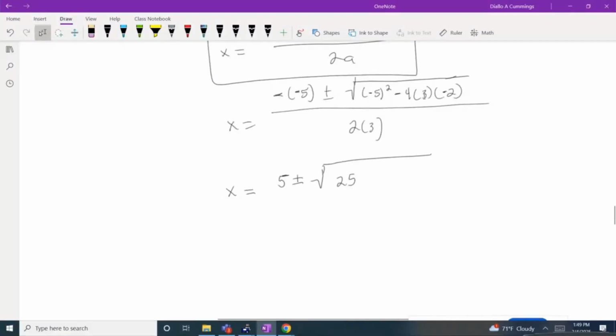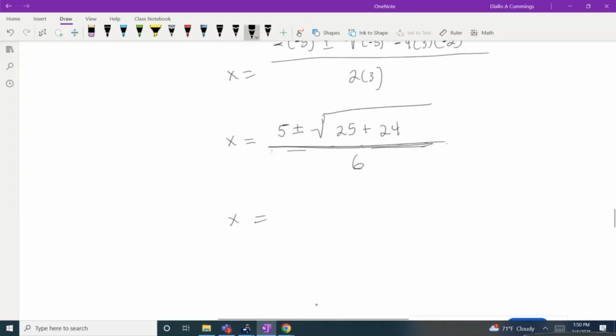So negative 4 times 3 is negative 12. Negative 12 times 2 is positive 24, divided by 6. Right, so the first thing we did on the inside of this square root is we evaluated our exponent and then we multiplied.